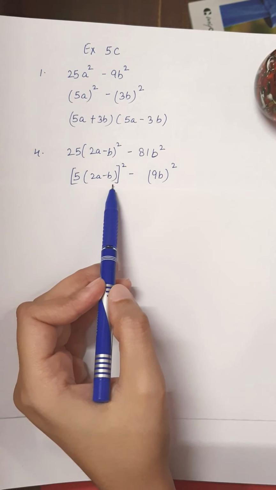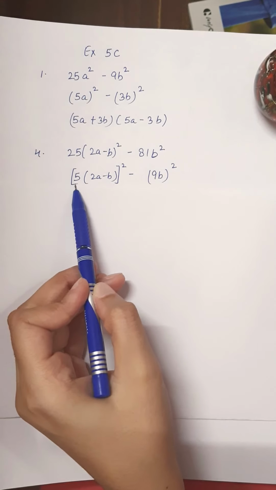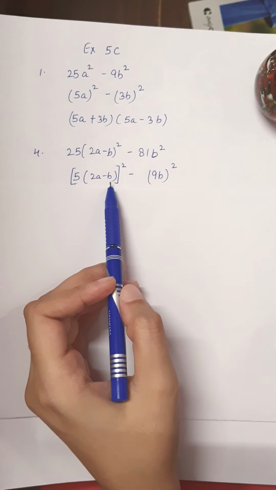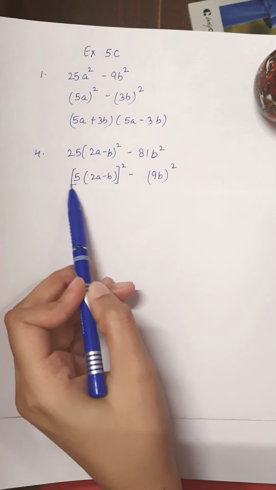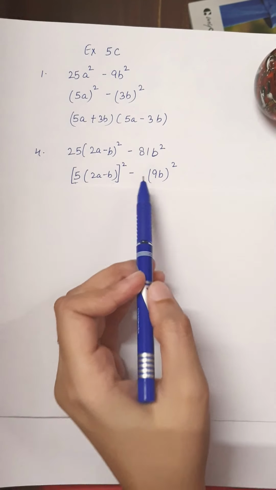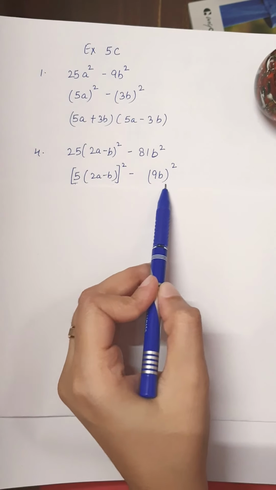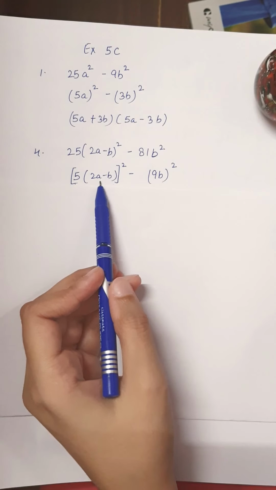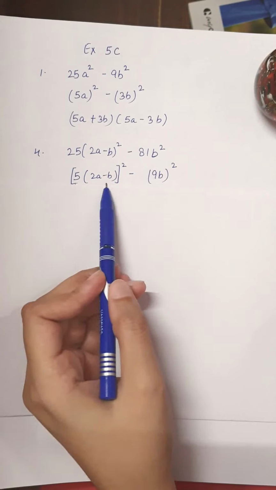Like I said, it does not matter what is there inside the bracket. What matters is the format, square of a number or an expression minus square of another number or expression. So I should write the sum of these two and the difference of these two.